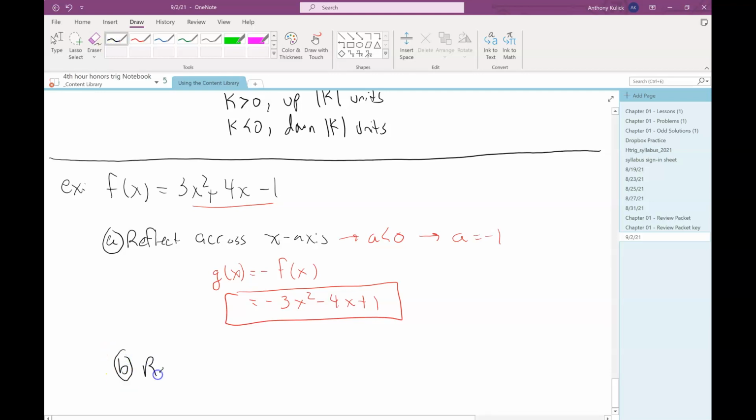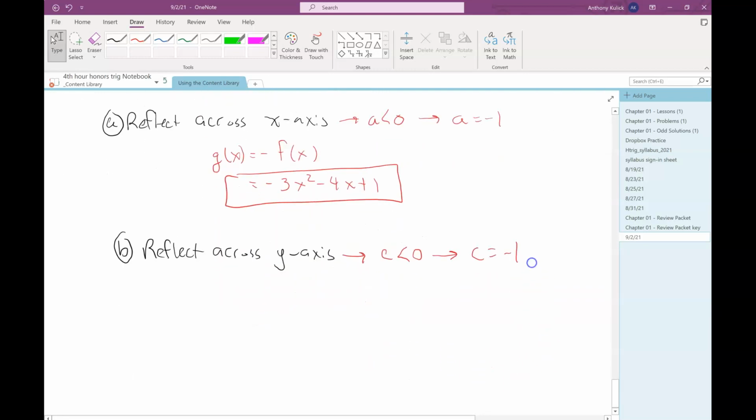If I wanted to, say, reflect across the y, well, same idea. I know that the c this time is negative, and since no dilation is being described, I know I pick -1 for c.